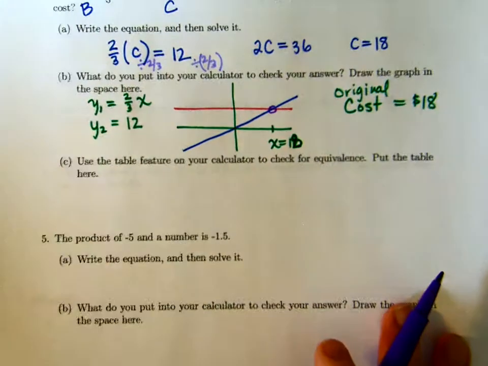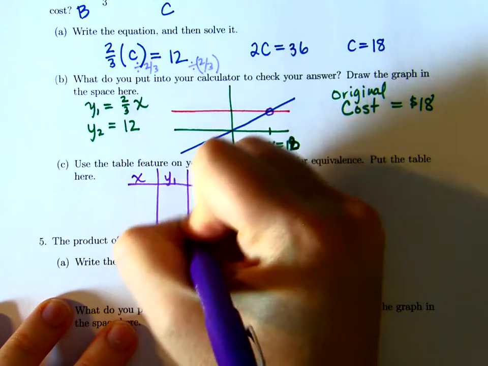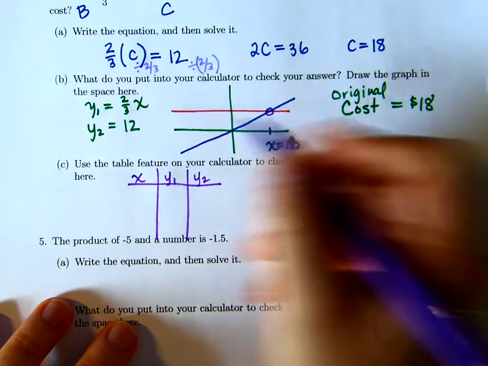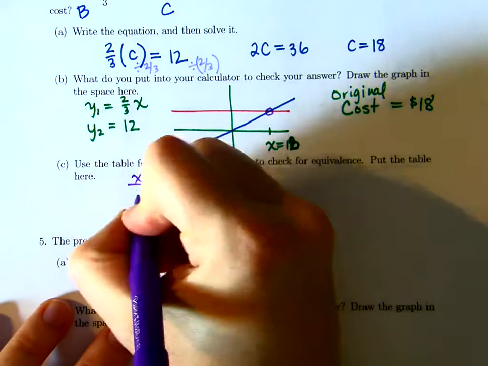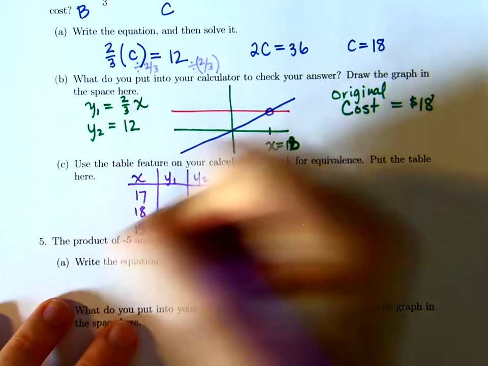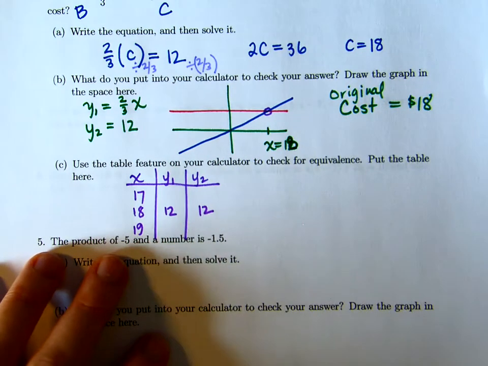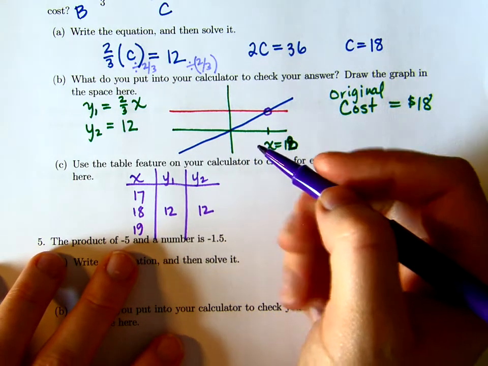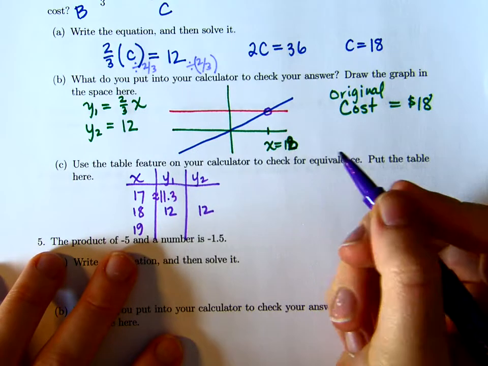Okay, so let's get that on the page. X, y1, which was the left side, y2, which was the right side, and I'm just going to go a little bit above and a little bit below that. They were both 12 at 18, that's why we stopped. At 17, this was about 11.3. That was definitely rounded.